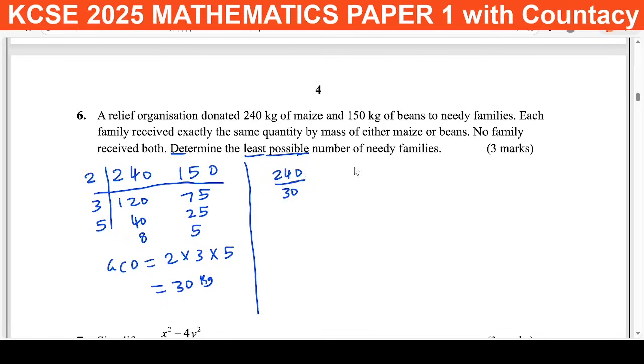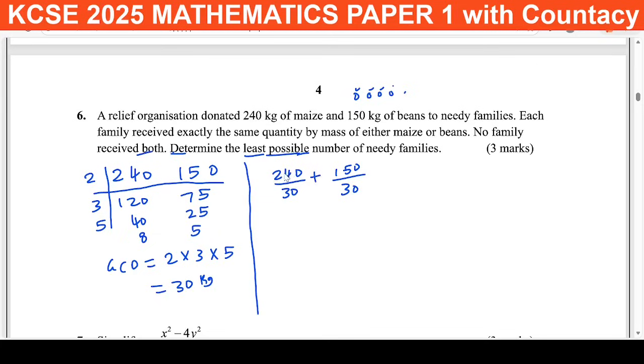And the families that got beans will definitely be 150 divided by the number of kg per bag, because the total is 150 kg and it is divided into smaller units of 30 kg, 30 kg, 30 kg, and so on until we have a total of 150 kg. So to get the number of those smaller 30 kg units, we do 150 kg divided by 30. These are families that will receive beans, and these are families that are going to receive maize. And in order to get the total number of families, we definitely have to add the results.